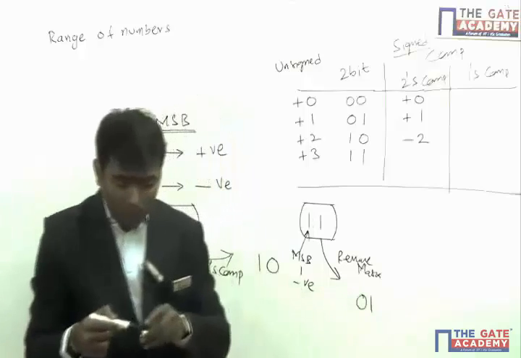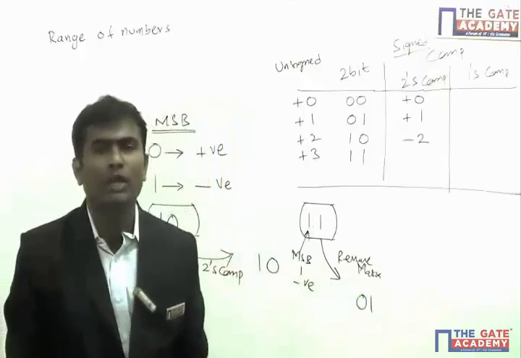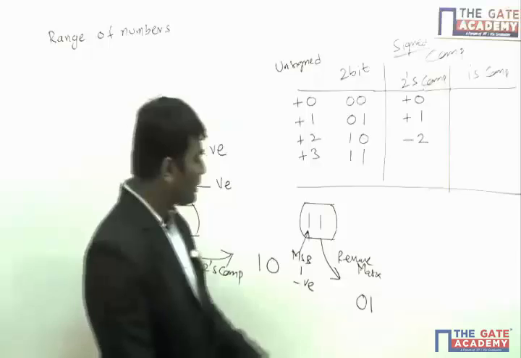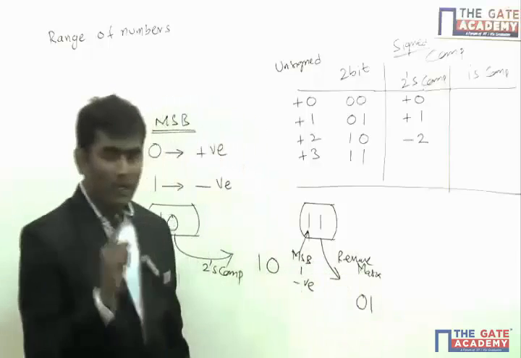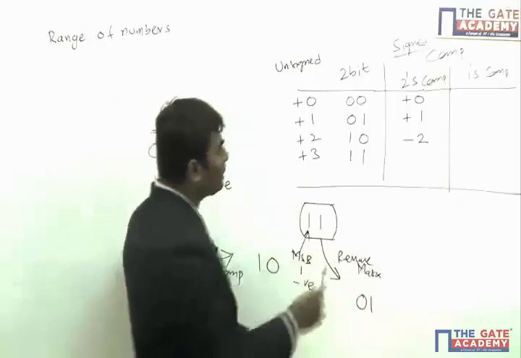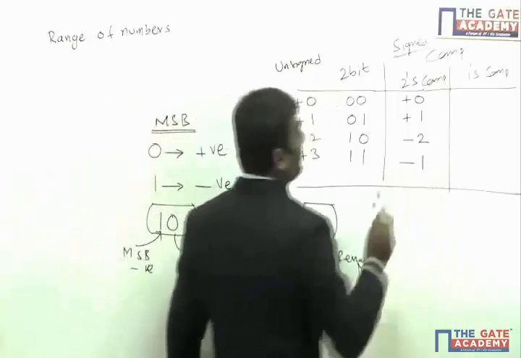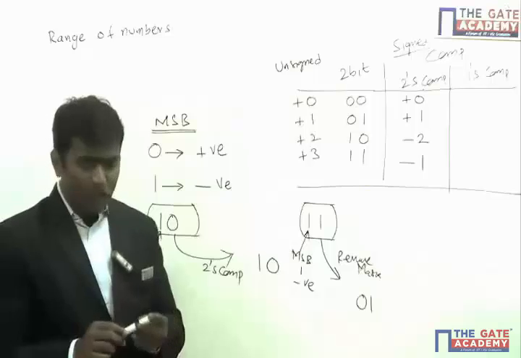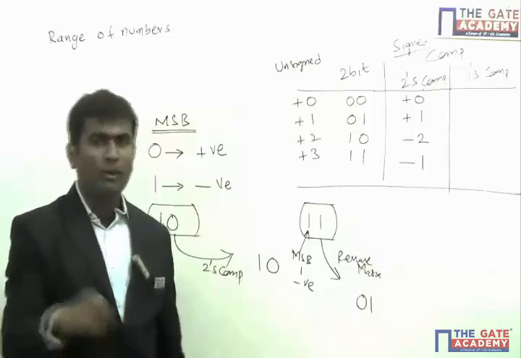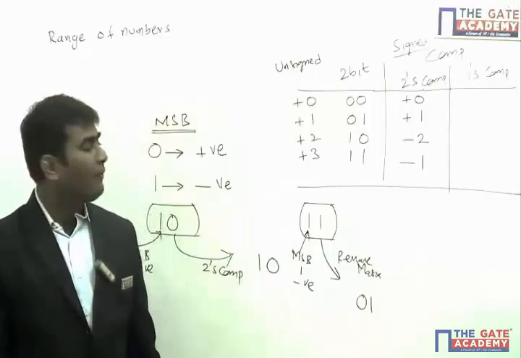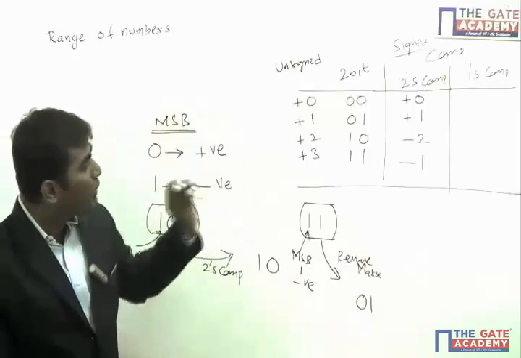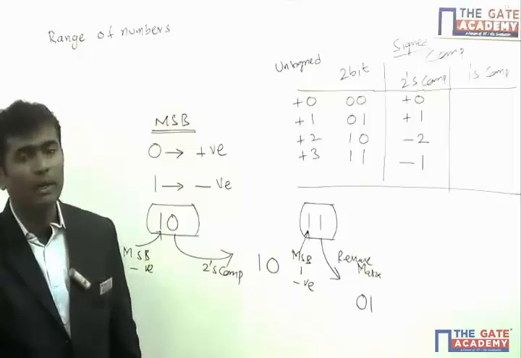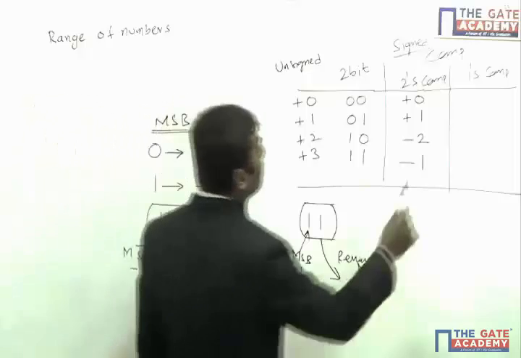When you remove the mask, you get the magnitude of that number. So magnitude is 1. Since you are removing the mask, it is minus 1. So the way in which you remove the mask is, for 2's complement, the 2's complement way, and for 1's complement, the 1's complement way. That is how it is calculated, and you will know what that particular number represents.